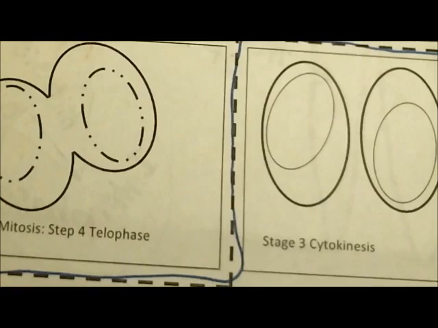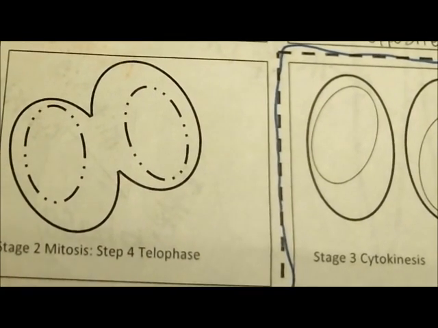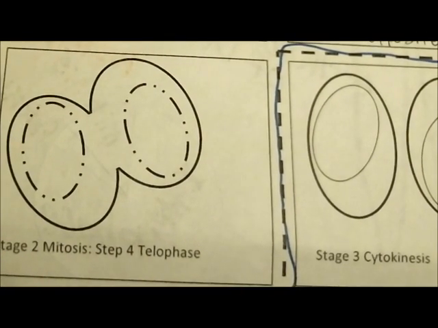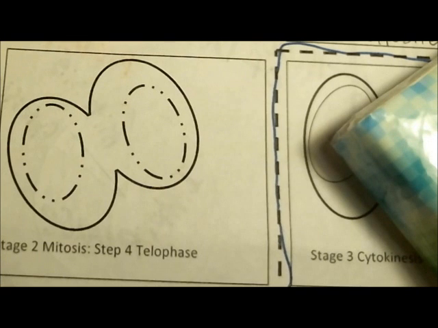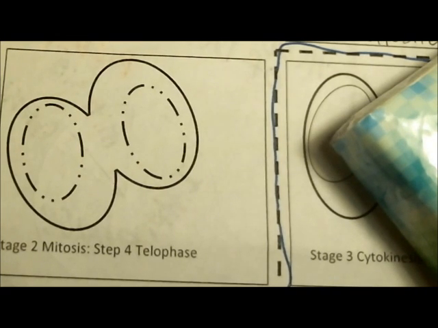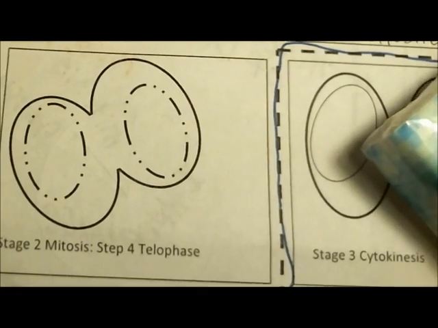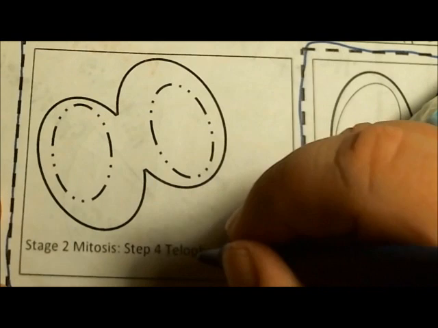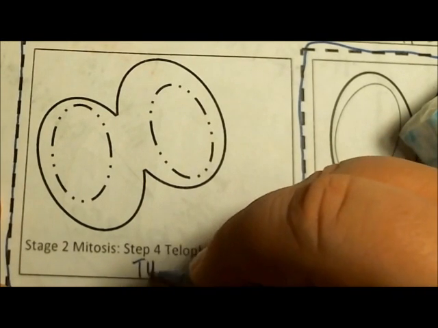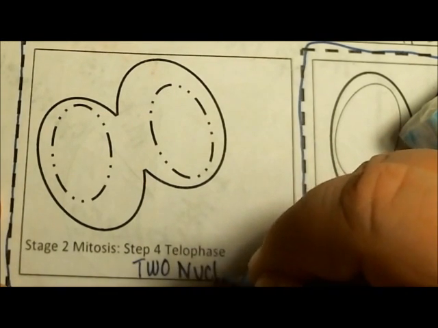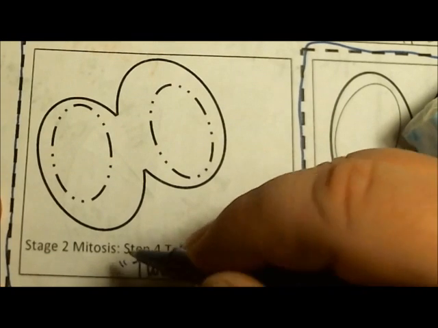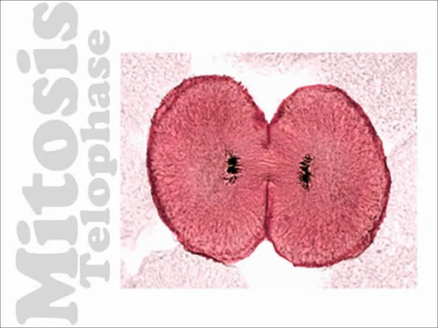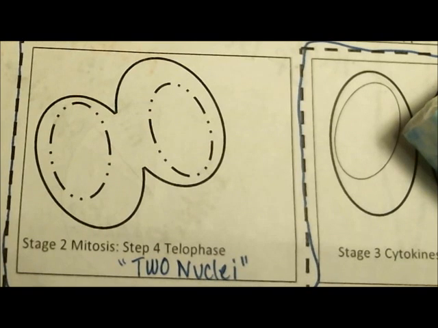Last hint for mitosis is 2 nuclei. Notice something's reappeared.